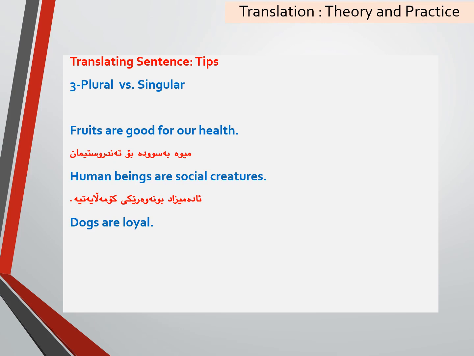It gives exactly the same meaning as the English sentence, even though it is expressed in singular form. Both Adamizat and Bunawar are singular, but they give exactly the same meaning. So it's not necessary to keep plurality as plural or singularity as singular in all languages. But as a translator, you have to take this into consideration.